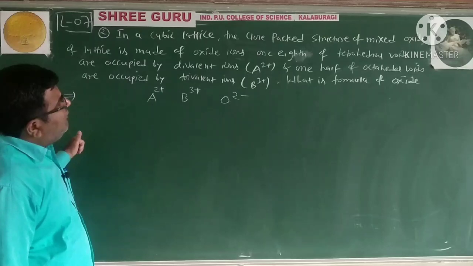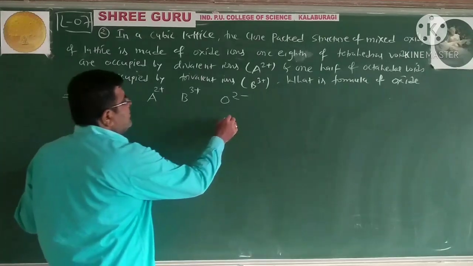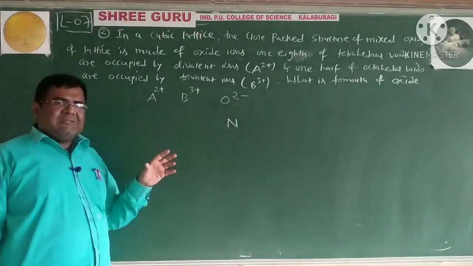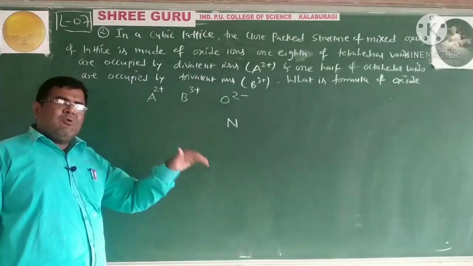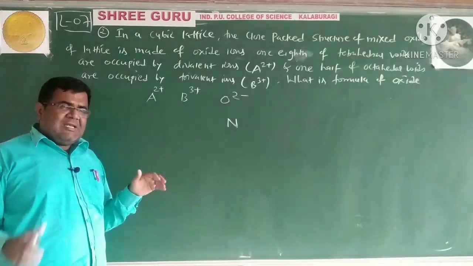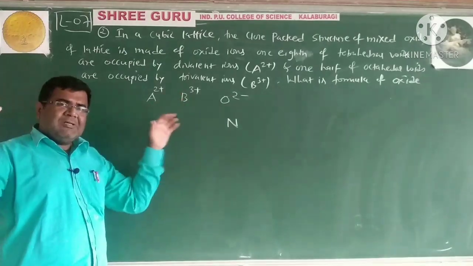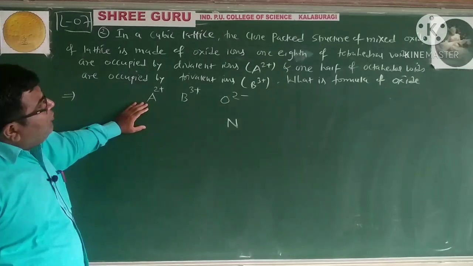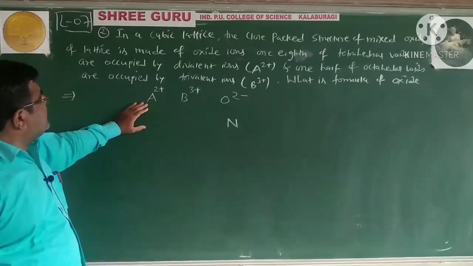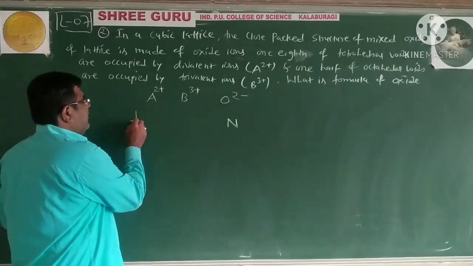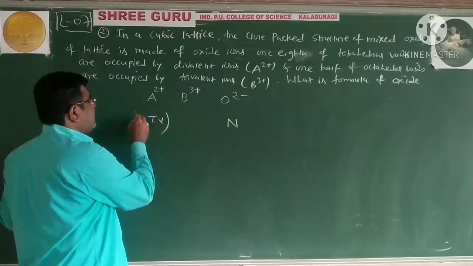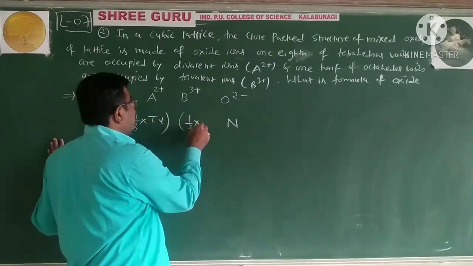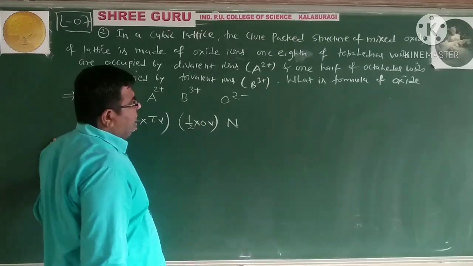The lattice is made up of oxide ions, so it is N. Generally, cations are smaller, and that's why they are pushed into the voids, the empty space. Anions are larger, that's why they take the positions of corners and face centers. So 1/8 of tetrahedral voids are occupied by the divalent ion A, and half of octahedral voids by B.